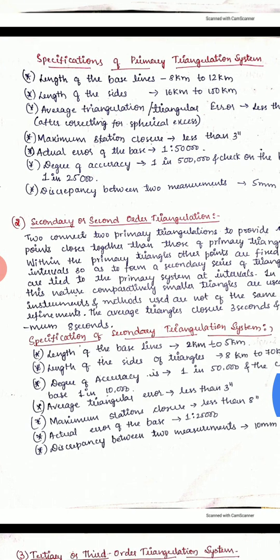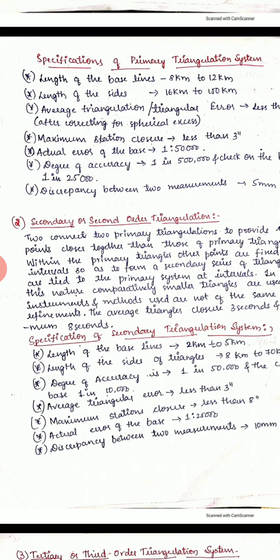And the secondary system. In the secondary system, it is used to connect two primary triangulations to provide control points closer together than those of primary triangulation. Within the primary triangles, other points are fixed at closer intervals so as to form a secondary series of triangles which are tied to the primary system at intervals.